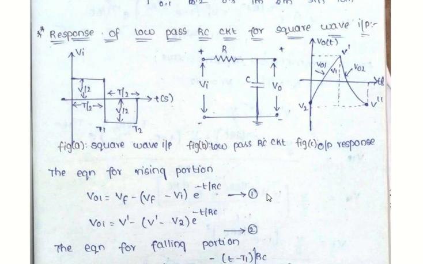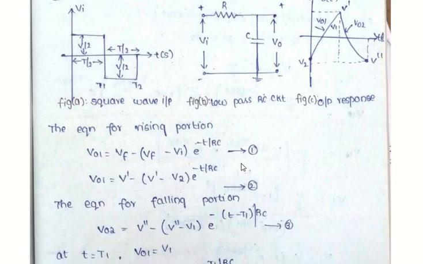Now from the figure, equation 1 can be rewritten as V01 is equal to V dash minus V2 into e power minus t by RC, where the final value is V dash and the initial value is V2. So this is the rising portion of the output response. Whereas the falling portion of the output response is represented by the same equation, V final minus V initial into e power minus t by RC.